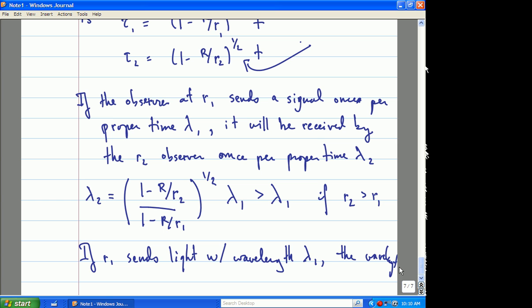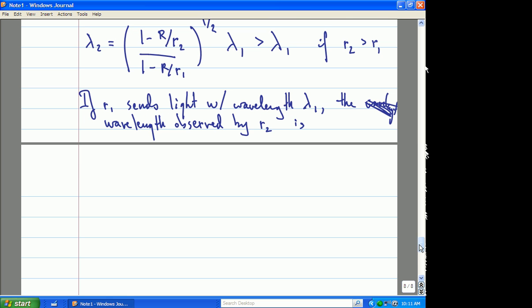The wavelength observed by the observer at R2 will be different from the wavelength of the light which is sent. And they will be related by the factor, which is 1 minus R over R2 times 1 over R minus R1 to the 1/2 power.